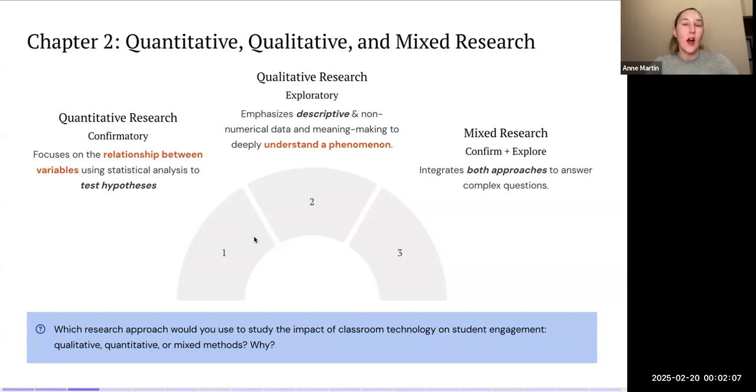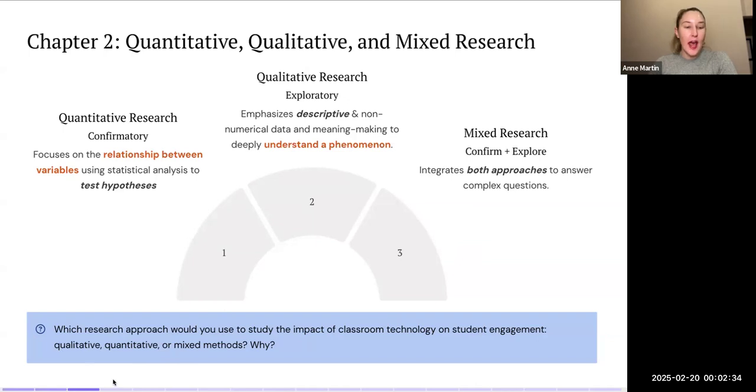Instead, you're focusing on deep understanding of that descriptive data to explore a construct and then analyze to understand what is happening there. And the mixed research uses both, integrating elements from both to answer complex questions. Sometimes those questions are asked separately, and then sometimes together. There's elements of that research question that are both quantitative and qualitative in nature.